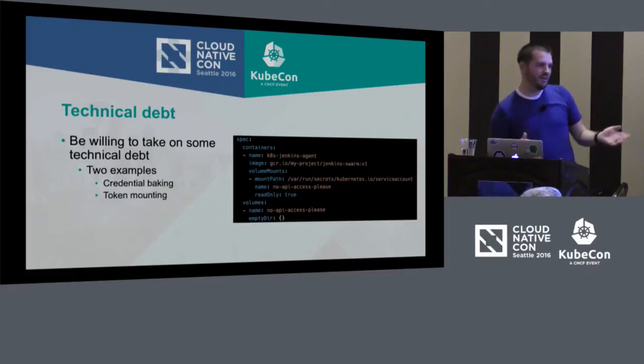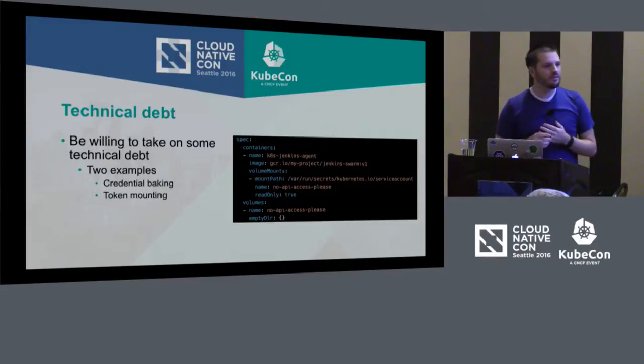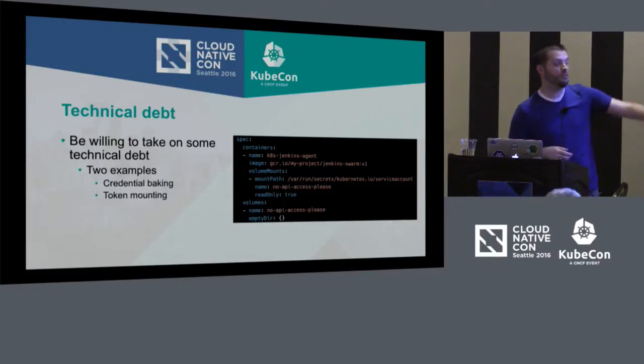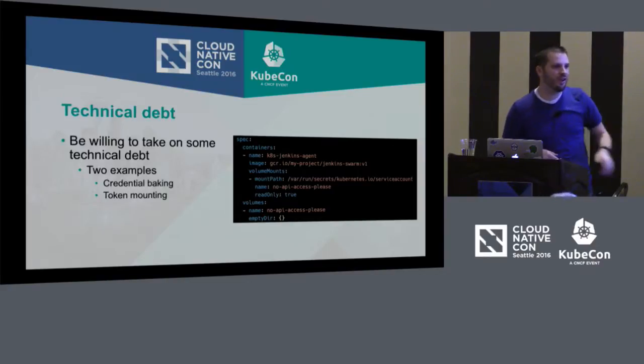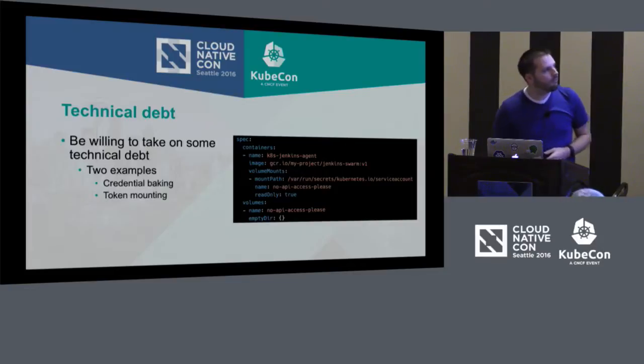That's a little hacky, but yeah, question? You could also just remove rights from the default service account, right? Yeah, and specify another. You could also specify another service account as the other one. It just depends on how you set it up. This one was just really easy to slap on there and not have to worry about it. But that's one example of the technical debt we took on.